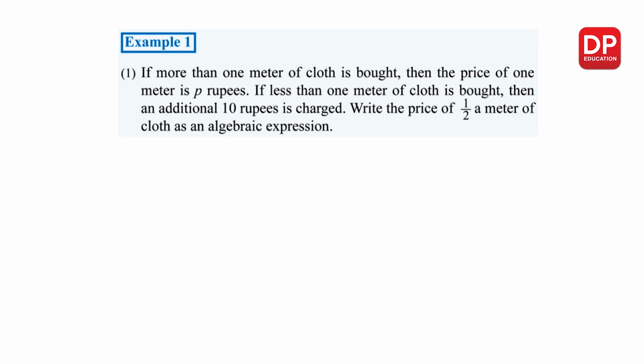Example number 1. If more than 1 meter of cloth is bought, then the price of 1 meter is p rupees. If less than 1 meter of cloth is bought, then an additional 10 rupees is charged. Write the price of half a meter of cloth as an algebraic expression.